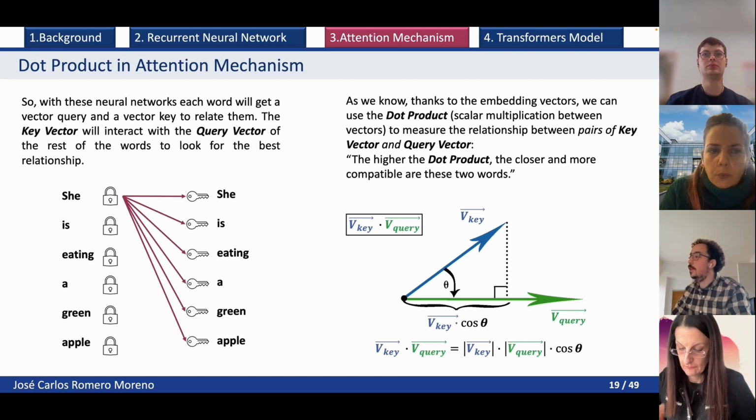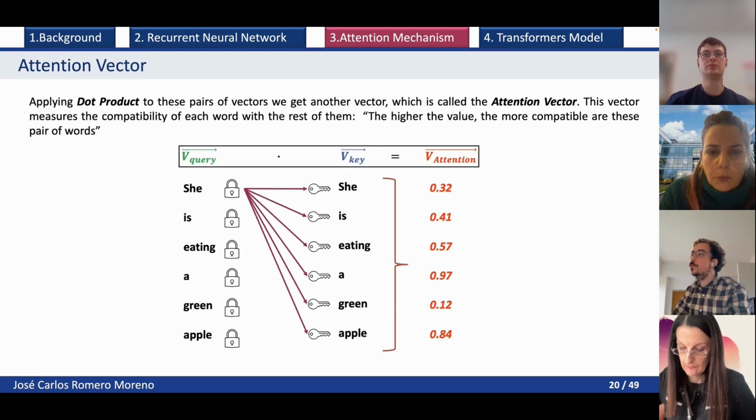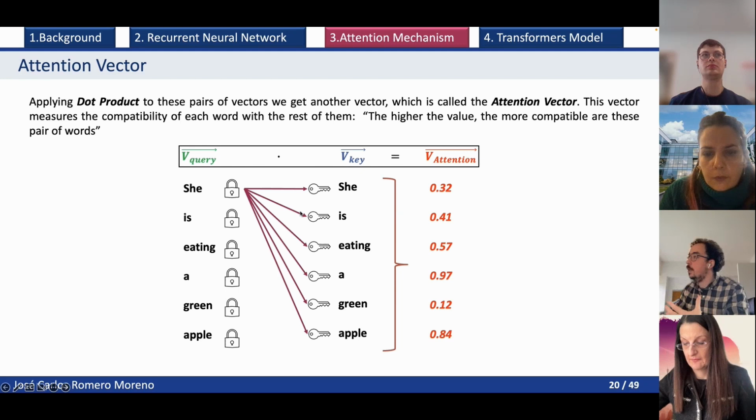And we are going to use this value. For example, we take the word she, and we compute the dot product against the rest of the words in the sentence. This value is the relation of the word: the higher the value, the closer the two words, and the lower the value, the farther apart the words are, in terms of relation and meaning.